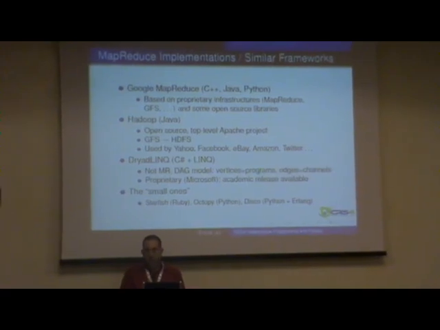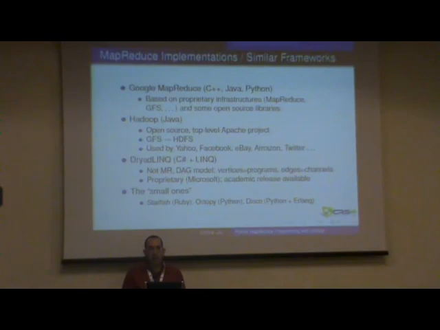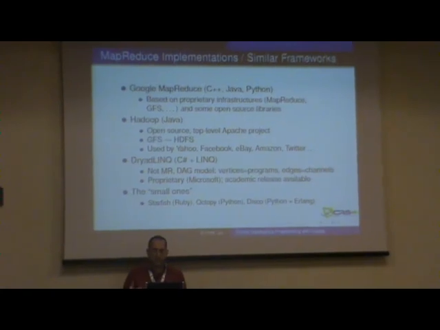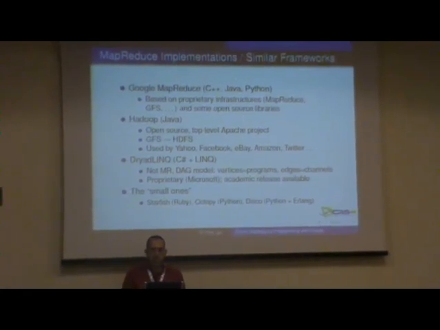And around the same period, there was Doug Cutting, an engineer who was working on an open source search engine, and he found out that the search engine had scalability problems. So he read Google's papers and decided that that was the right thing to do to increase scalability in his project.